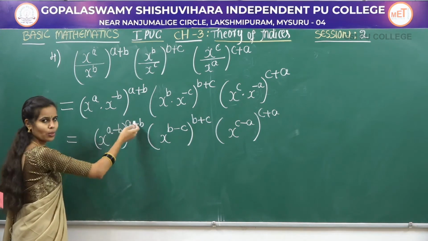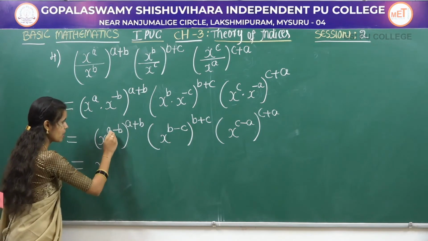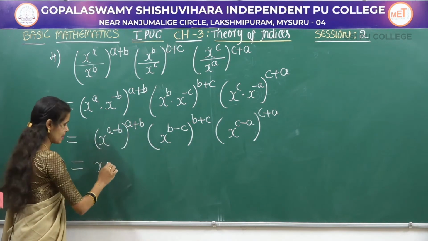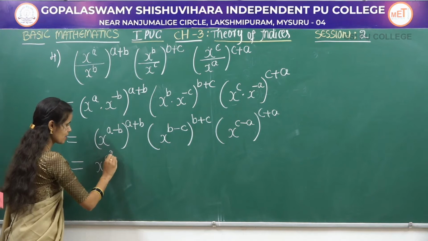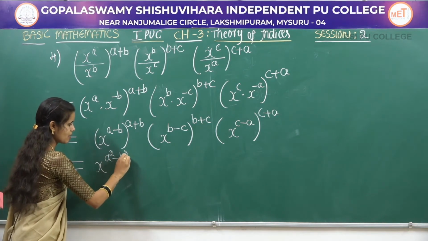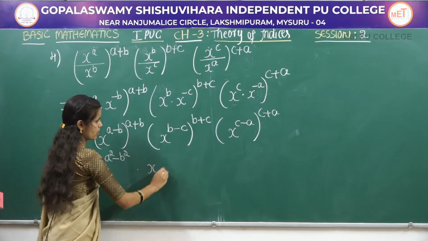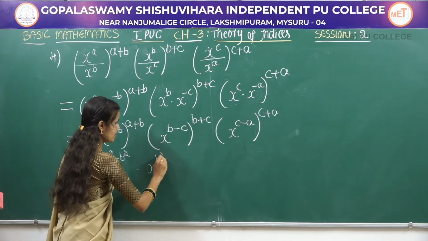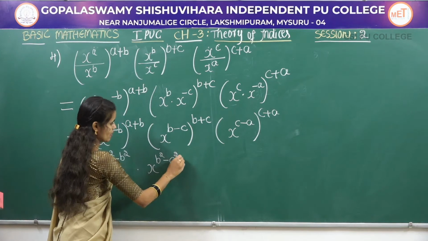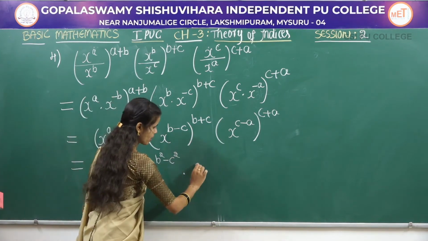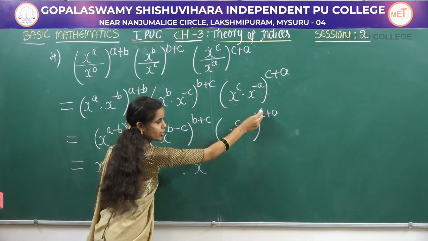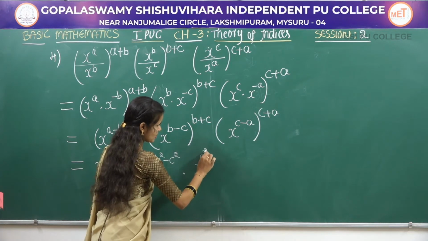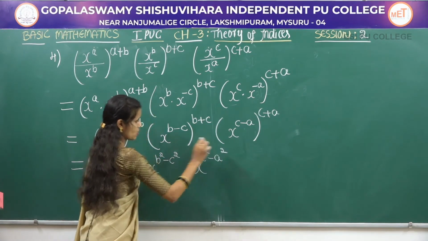So multiply these two powers, x to the power of (a minus b) into (a plus b). (a minus b) into (a plus b) is a square minus b square. Into, here also (b minus c) into (b plus c) is b square minus c square. Into, here (c minus a) into (c plus a) is c square minus a square.